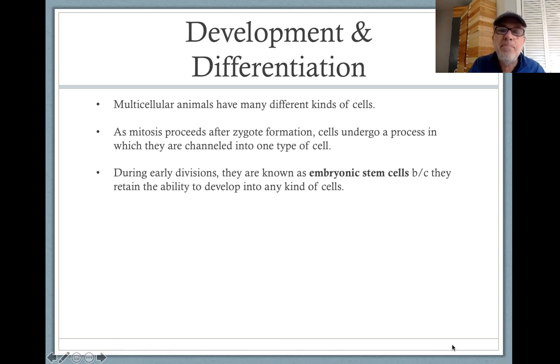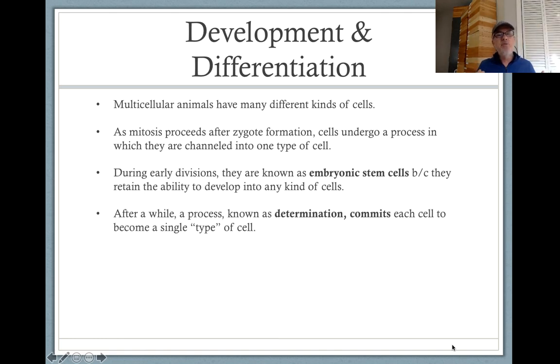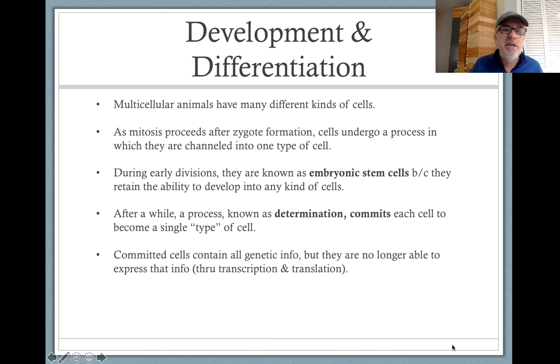And that's what a stem cell is. It still has the ability to develop into any kind of cell. After a while, there's a process known as determination, which commits each cell in the growing embryo to become a single type of cell. So they become determined. And then once they're determined, they're going to differentiate.